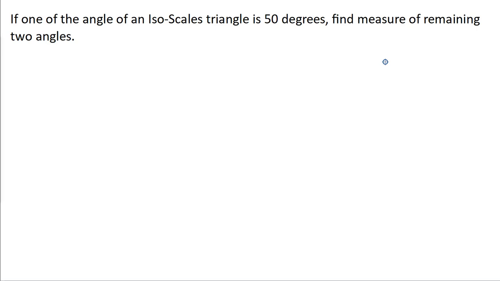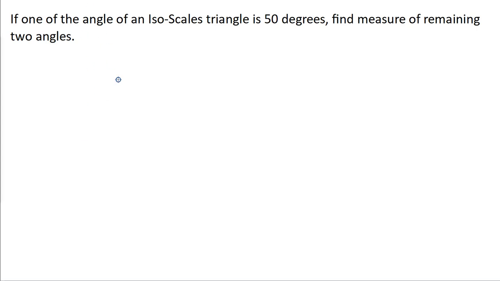The triangle is an isosceles triangle, which means exactly two sides are equal, and exactly two angles of that triangle are of the same measurement. We are supposed to find the measure of the remaining two angles given that one of the angles is 50 degrees. Now let's try to solve this question.